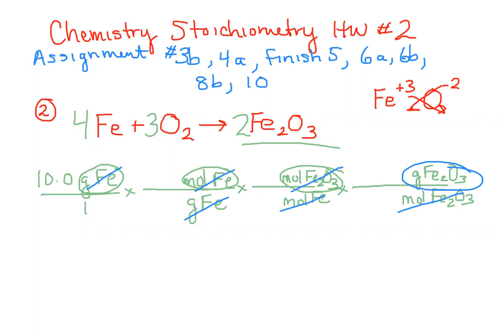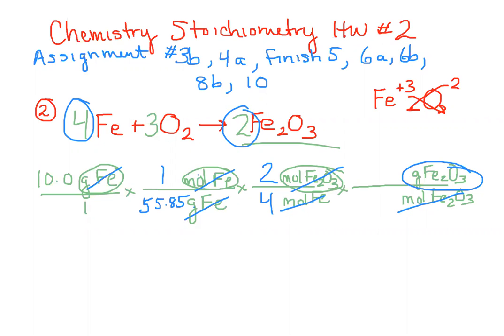Grams and moles, that comes from the periodic table. 1 always goes with the mole. You're going to look on your periodic table and find iron, and you're going to see that it is 55.85. So that goes right there. And then these next numbers come from our balanced equation. Iron has a 4, Fe2O3 has a 2. So that's where those numbers come from.